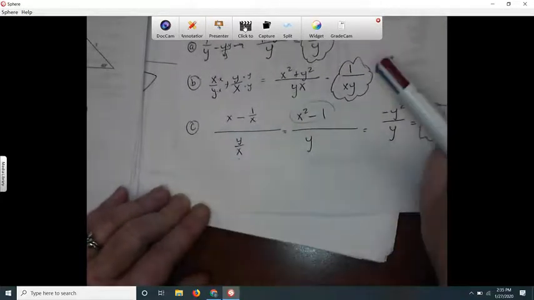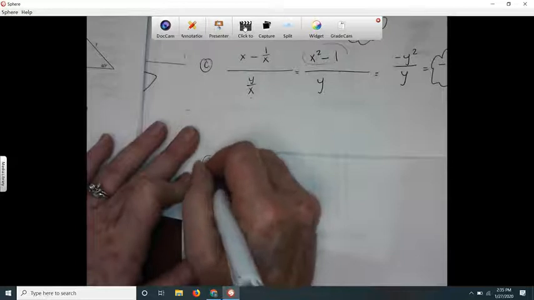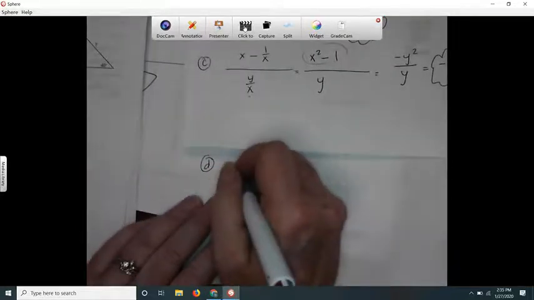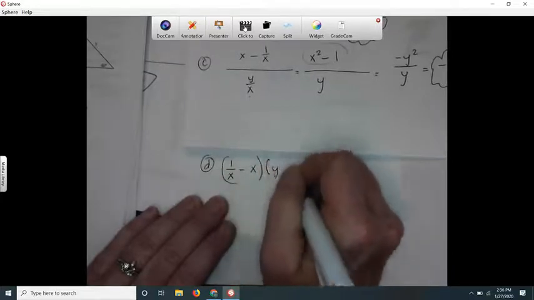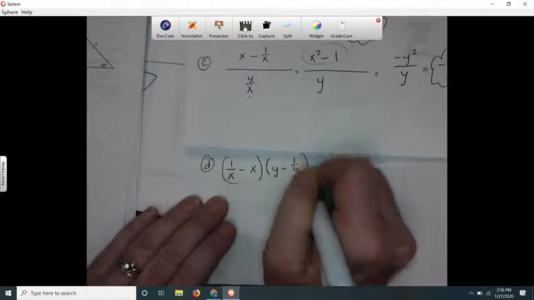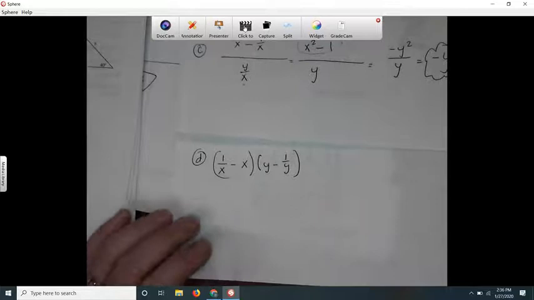Do I need more room for letter D? Maybe. Let's do letter D right here. Okay, so letter D is 1 over x minus x times y minus 1 over y. I might want to FOIL that one out.